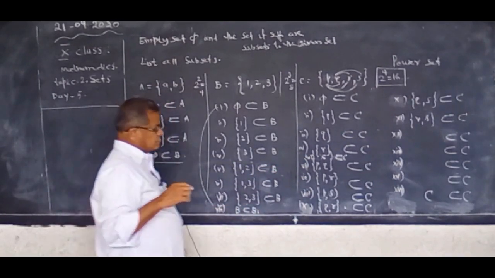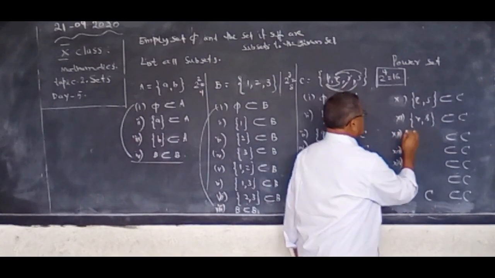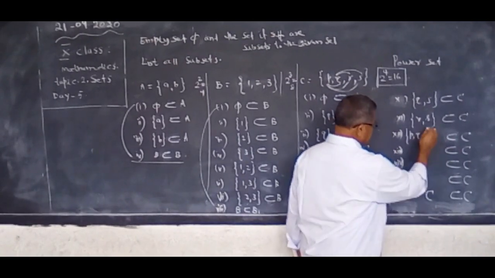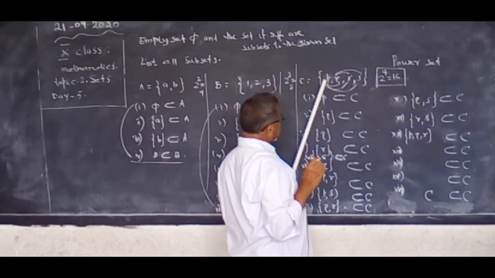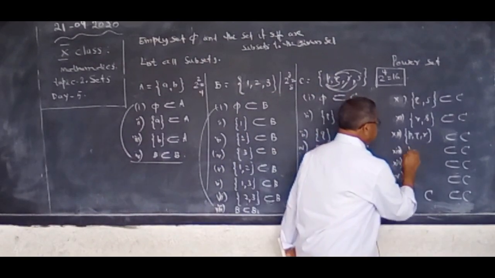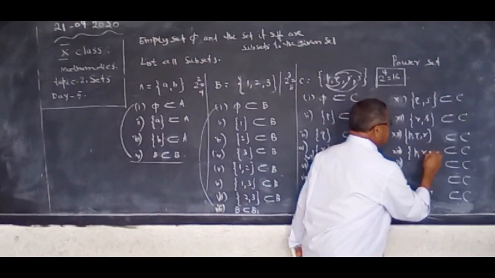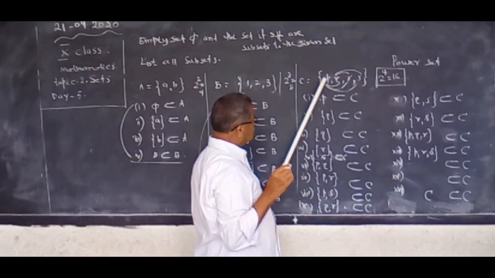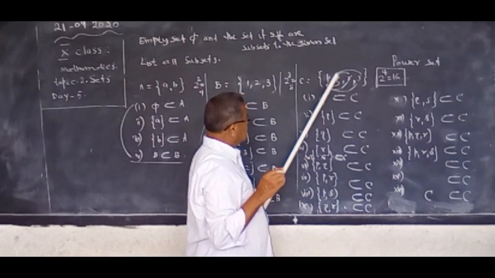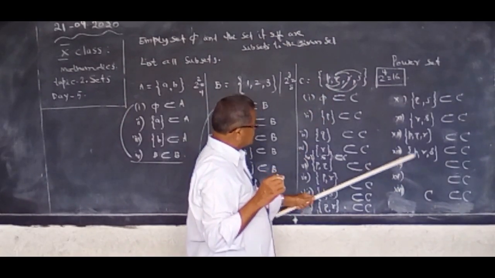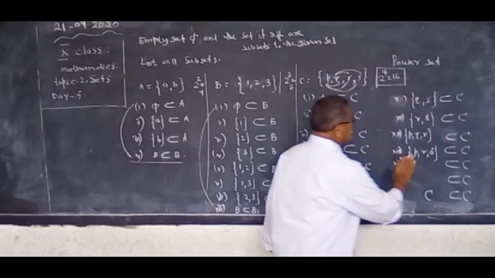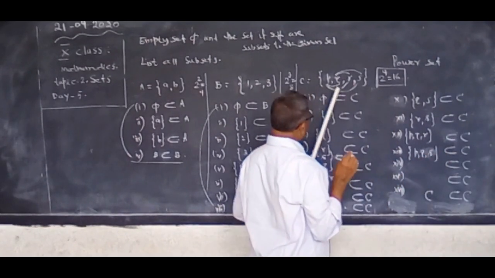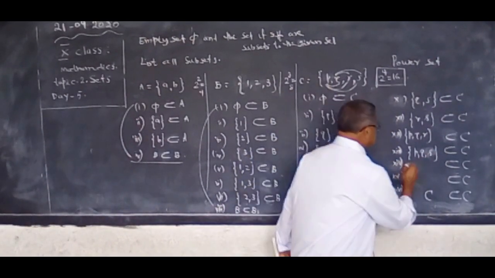Now three elements. First one PQR. PQR is a subset of C. Next, PQS, and PRS.